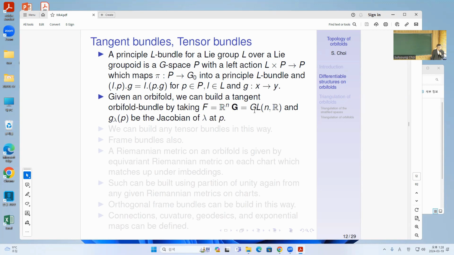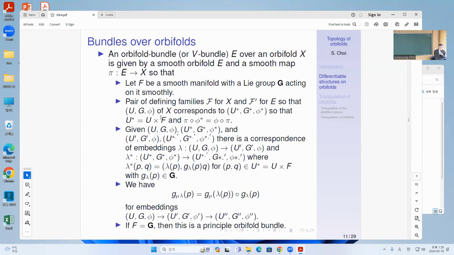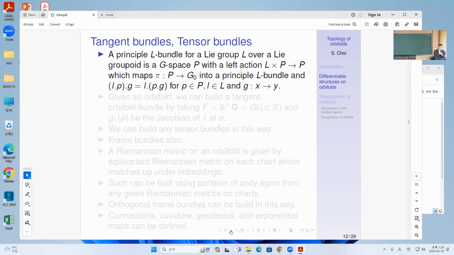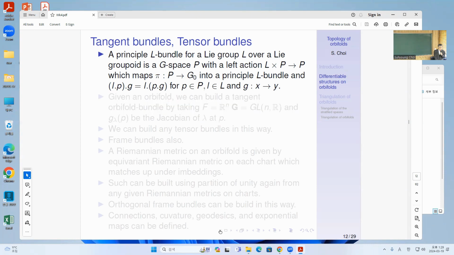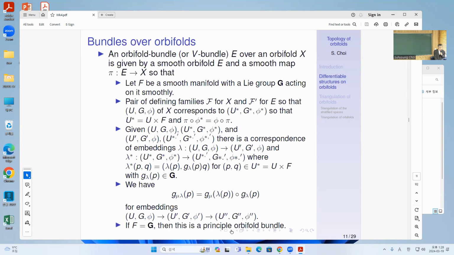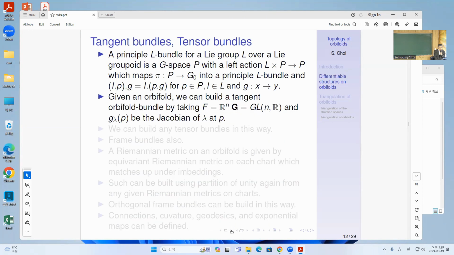So given an orbifold, we can build a tangent orbifold bundle by taking F to be R^n and G to be GL_n and the G_λP to be the Jacobian of λ_P. So if I go back to here, suppose we have this data, and then you build these things with F. We can use the Jacobian matrix for each transition function, and then you can build a tangent bundle this way.